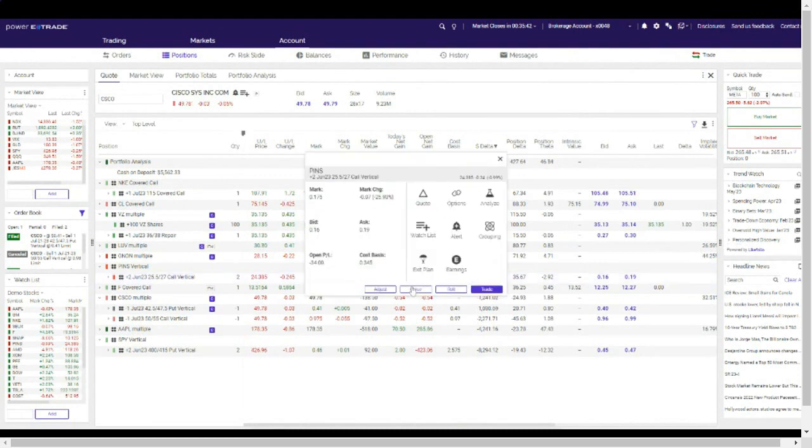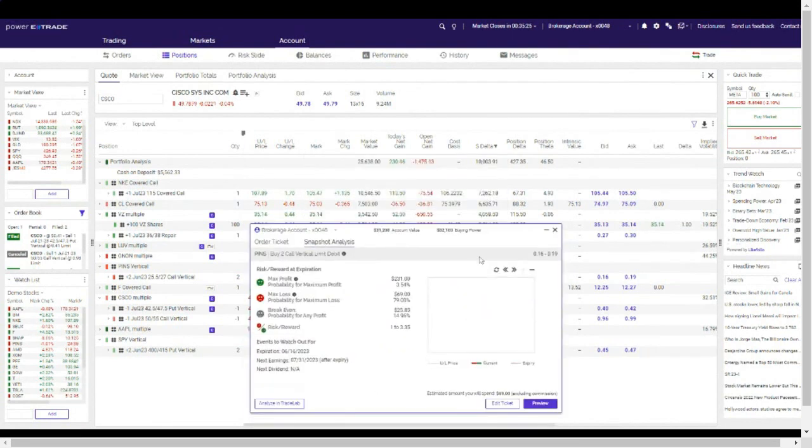It's going against me. I can click on the line, and again, it brings up this very useful action box with a lot of different tools within it. The most important, in my estimation, are the Analyze tool, which brings up a snapshot analysis of the actual trade itself.